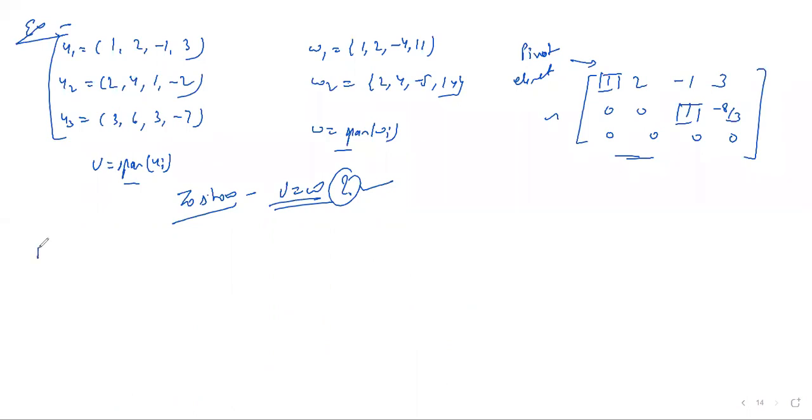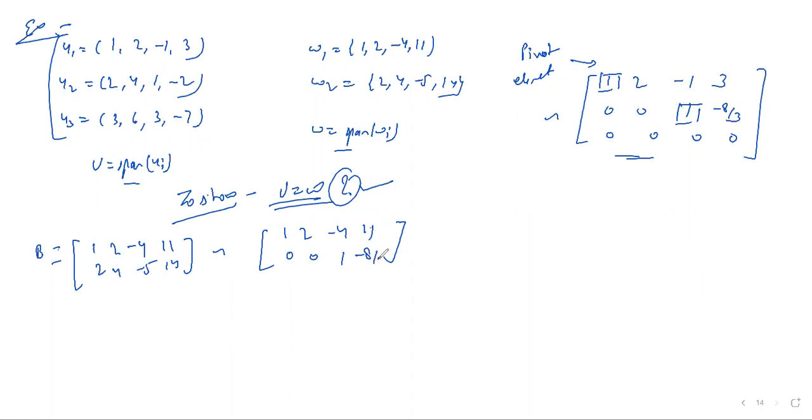This is our matrix B, which is 1, 2, 2, 4, minus 4, minus 5, 11, 14. Now we'll reduce it to 1, 2, minus 4, 11, and on row 2, R2 minus 2R1, which is 0, 0, 1, and minus 8 by 3.